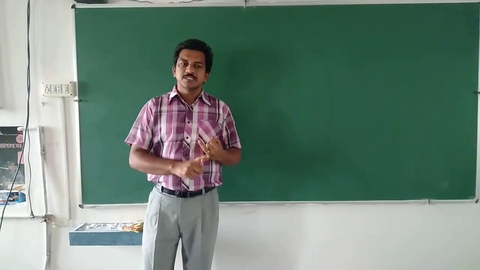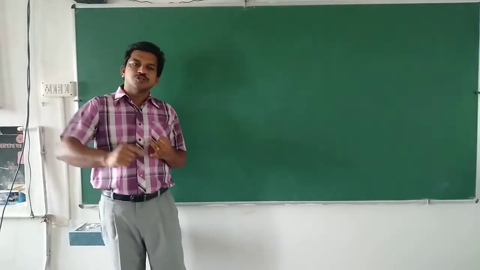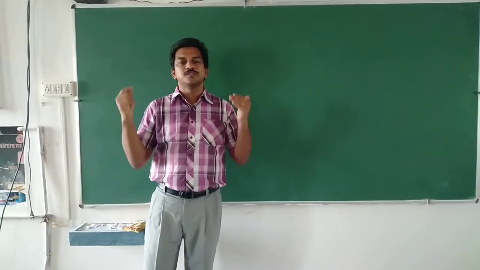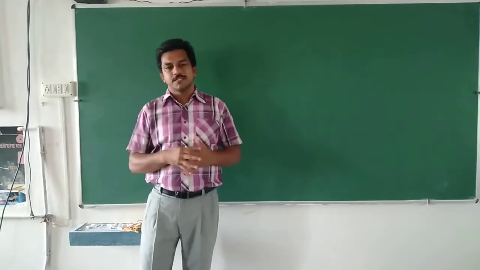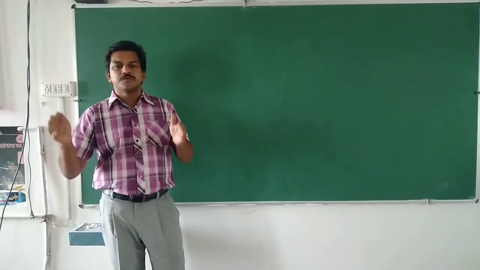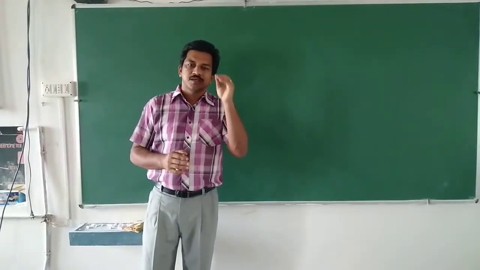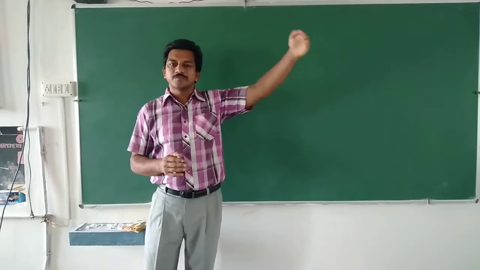And the fourth case, the bill may be endorsed in favor of his creditor. The drawer may endorse his bill in favor of the creditor. Suppose this 50,000 bill is there with the drawer. At the same time, the drawer has to pay 50,000 rupees to another person.